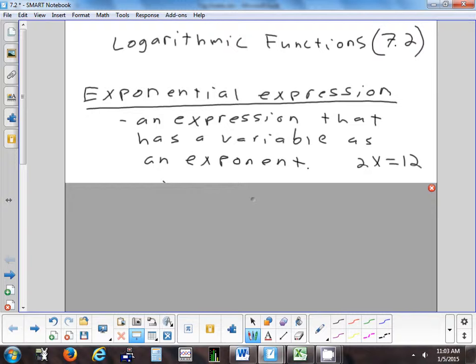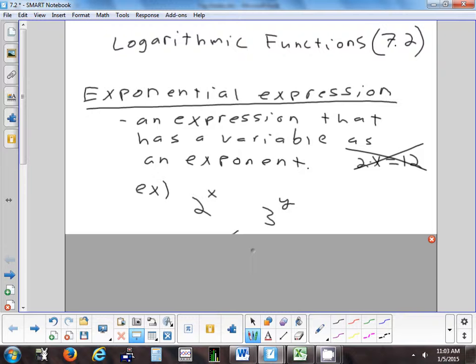No. That does not have a variable as an exponent. It has a variable as a factor, not as an exponent. So there's a couple of expressions that have variables as the exponent.